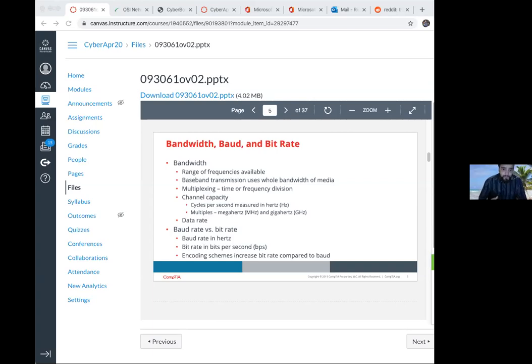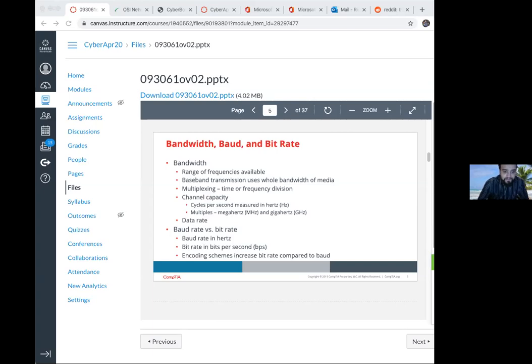When they're talking about bandwidth in data communications, a lot of times they mean data rate, and that's the amount of information that we can send per second. When talking about that, we also have to think about something called the baud rate. The baud rate is the number of symbols.